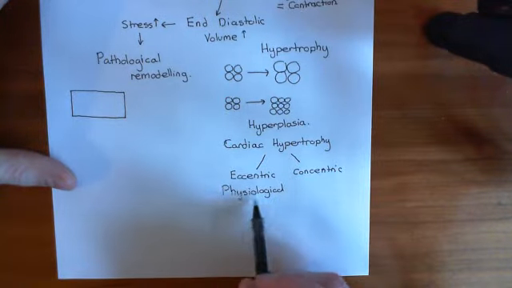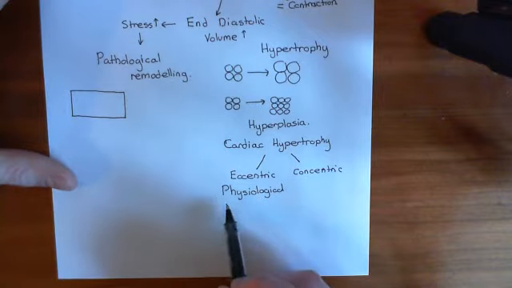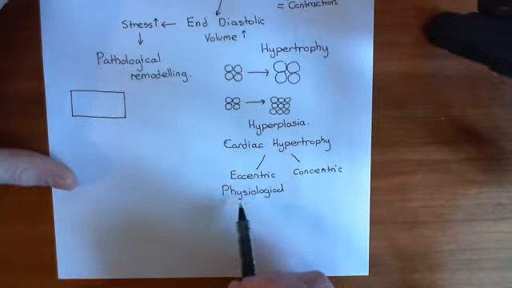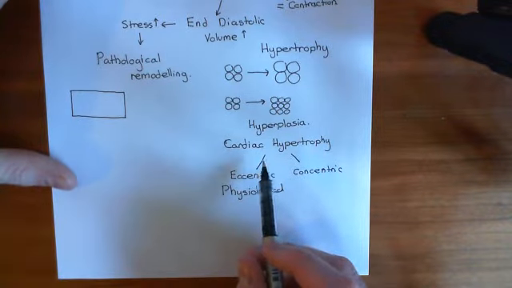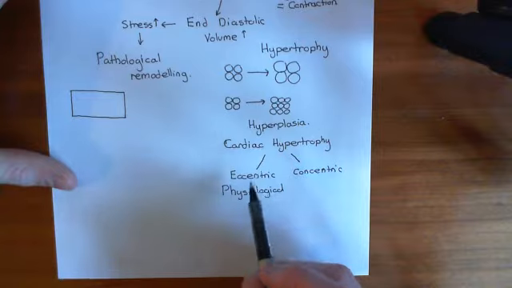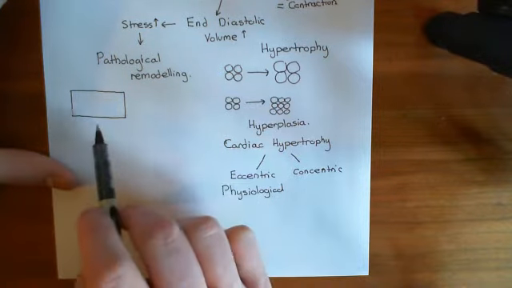Okay, so you need a more powerful heart. In people who are undertaking regular training, you will get physiological cardiac hypertrophy. The heart will get bigger, and it is through hypertrophy.